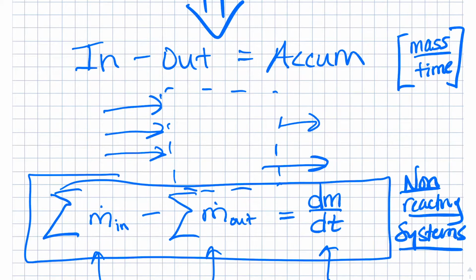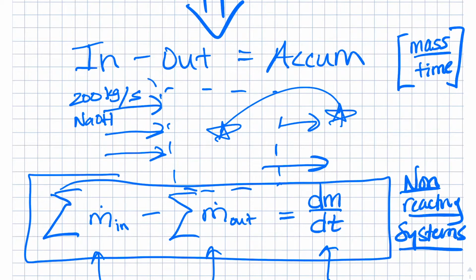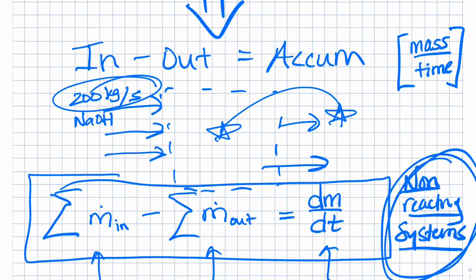If I put 200 kilograms per second of NaOH into this control volume, the 200 kilograms of NaOH either has to be here or here, and the sum of these two has to equal 200. It's not going to go anywhere. It's very important that you remember this is for non-reacting systems.